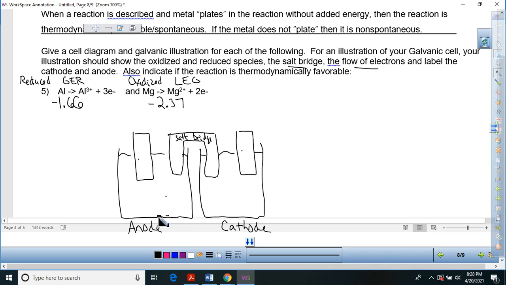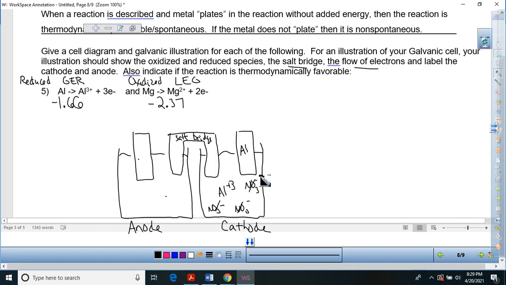And then the anode, so we said the aluminum is gaining electrons. And so reduction occurs at the cathode. So the cathode side is the aluminum metal and the aluminum ions in solution. So if this was aluminum nitrate, okay, and these will be spectators.